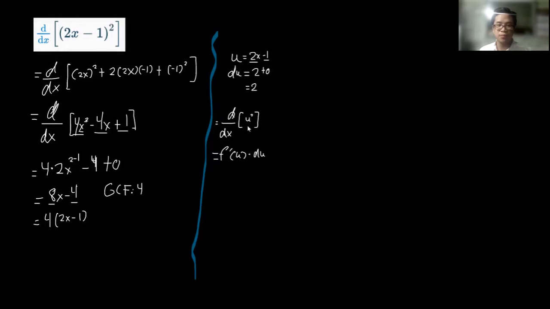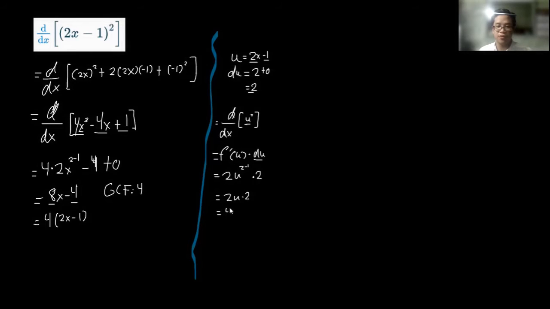So now let's derive u squared. Since this is just a variable, bring down the exponent, copy the variable, and subtract the exponent by 1, times your du, which is 2. So with further simplification, you have 2 times u times 2.